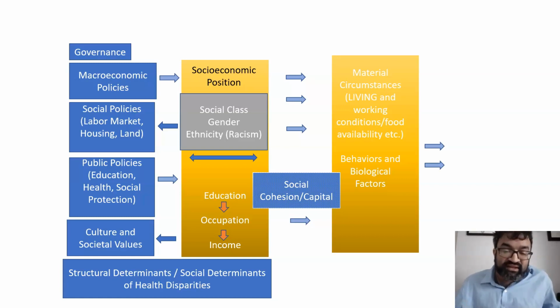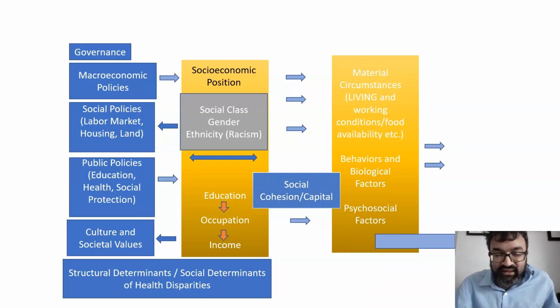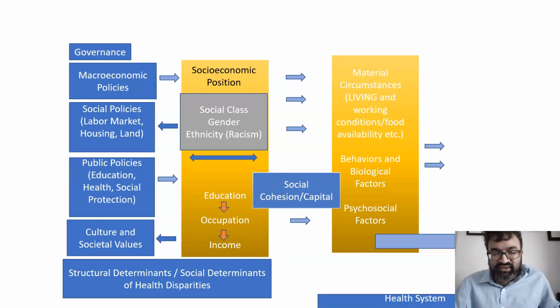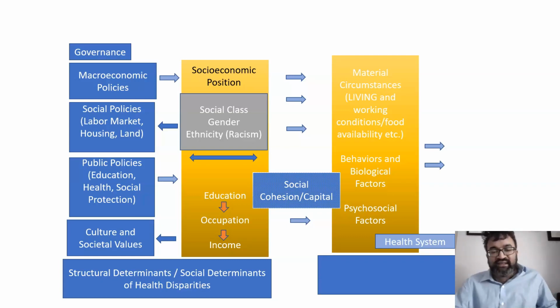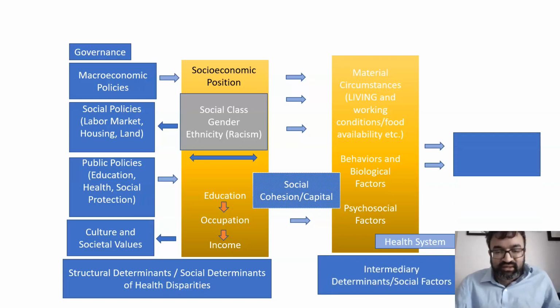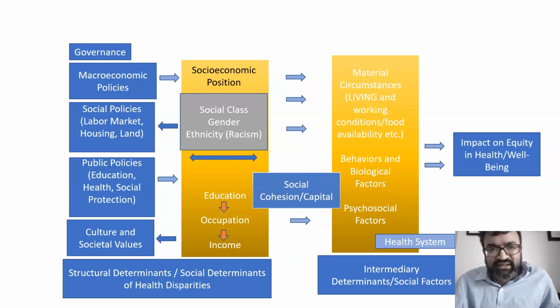So social cohesion is especially important to maintain. And then psychosocial factors are also important. This then leads us to the intermediary determinants and social factors, and these all lead to an impact on equity in health and well-being.